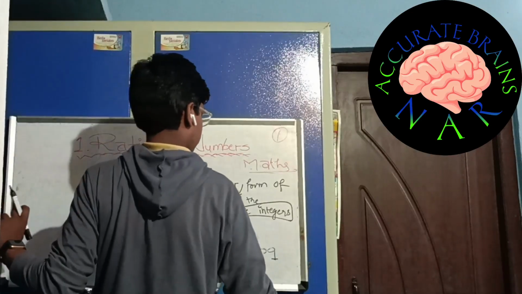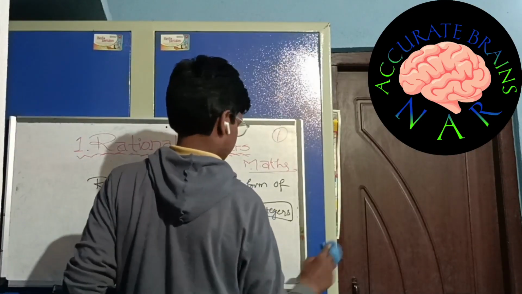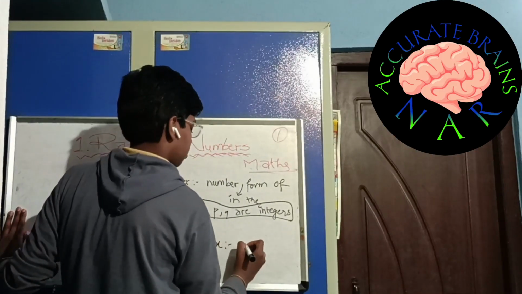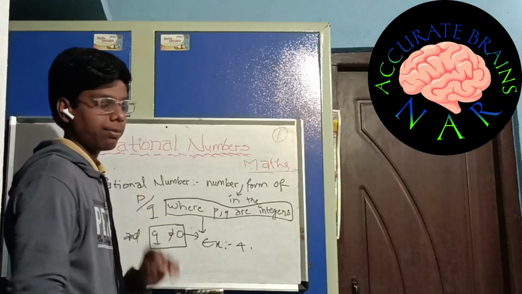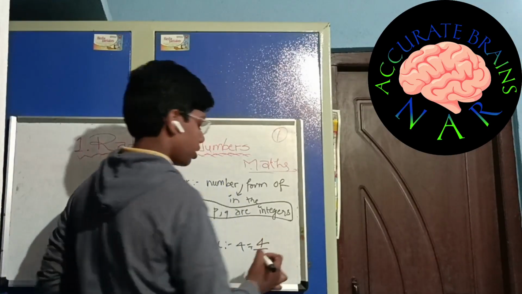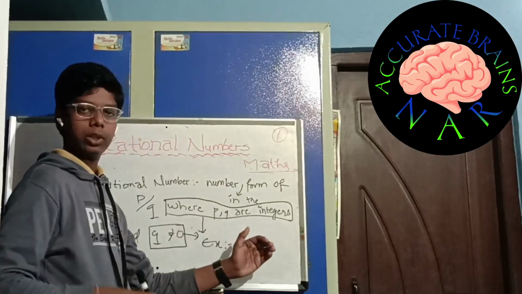Here we have another property of rational numbers. For example, if I take 4, we can write 4 as 4 by 1, since 4 by 1 is equal to 4.